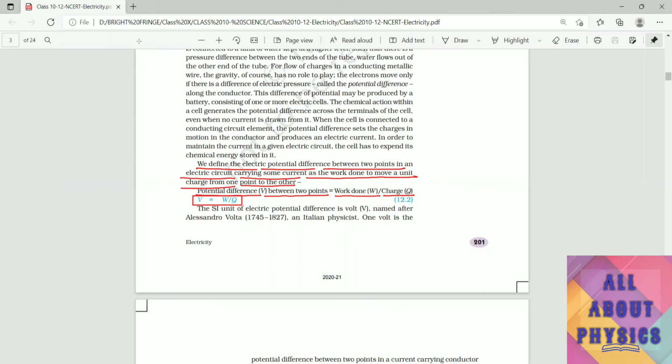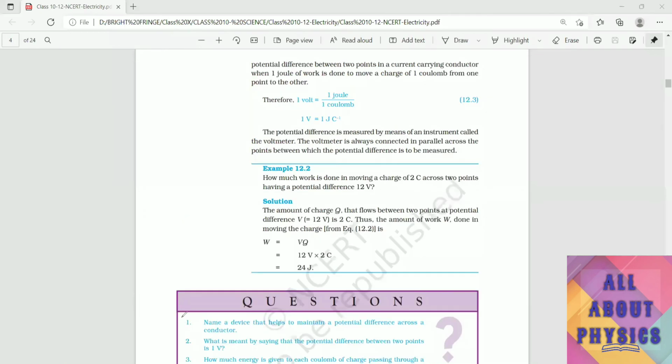Okay. And the SI unit, as we had discussed, of electric potential difference is volts, and it is named after Alessandro Volta. Now open page number 202 and let's read question number 2. What is meant by saying that the potential difference between 2 points is 1 volt? So as we know, potential difference between 2 points is work done upon charge, right?